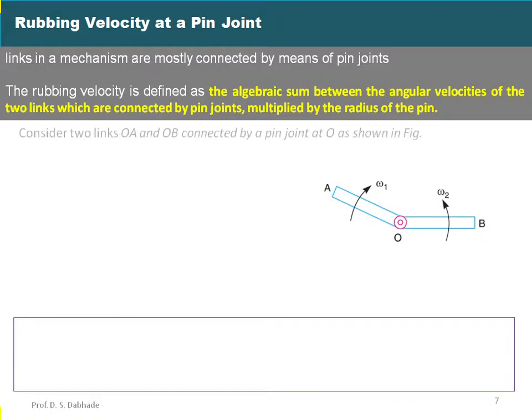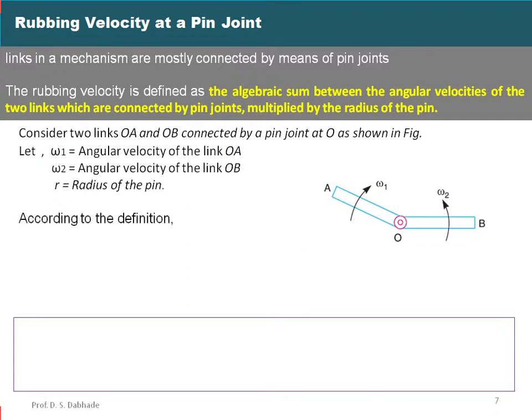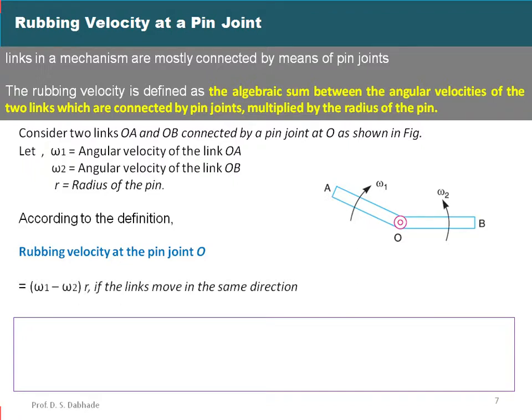Let us consider OA and OB connected by a pin joint at O. Omega 1 is the angular velocity of link OA, and let omega 2 be the angular velocity of the other link, and the radius of the pin as small r in millimeters or meters. Then according to the definition, the rubbing velocity at the pin joint at O is omega 1 minus omega 2 into r if the links move in the same direction.